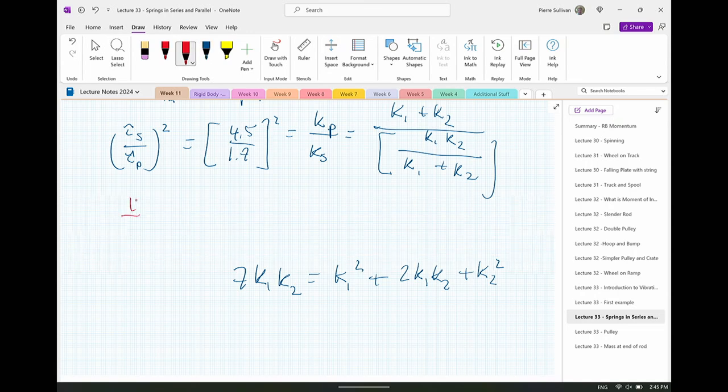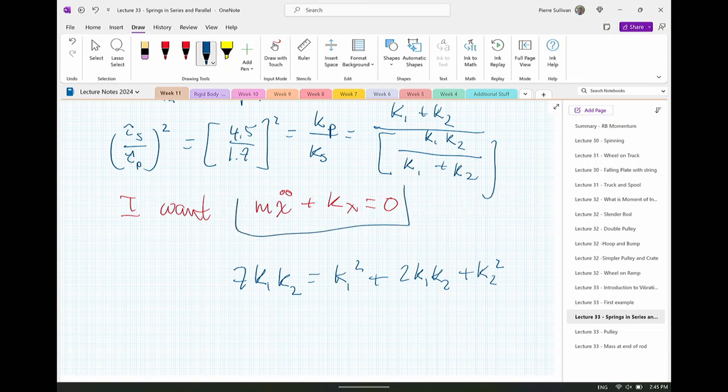So I want to have m x double dot plus kx equal to 0. And once I do that, I recognize that I have the natural frequency, the natural circular frequency, and the period.